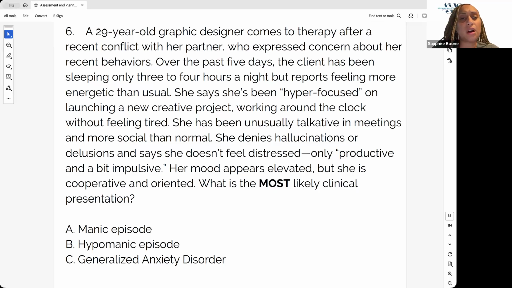She has been unusually talkative in meetings and more social than normal, but denies hallucinations or delusions and says she doesn't feel distressed, only productive and a bit impulsive. Her mood appears elevated, but she is cooperative and oriented. What is the most likely clinical presentation? Is this manic episode, hypomanic episode, or generalized anxiety disorder?